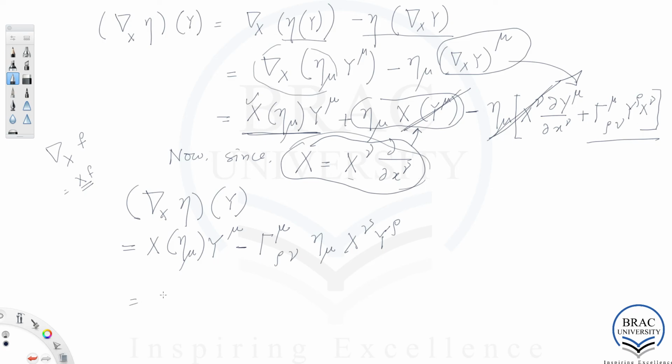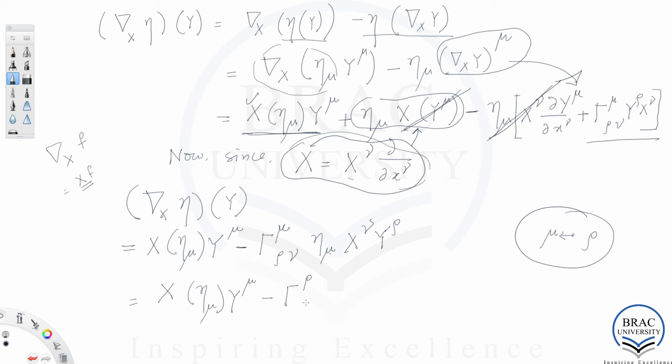Now this is going to be equal to x eta mu, y mu, and then gamma. So I am interchanging mu with rho here, because rho is a dummy index and mu is also a dummy index. I'm changing these two dummy indices.